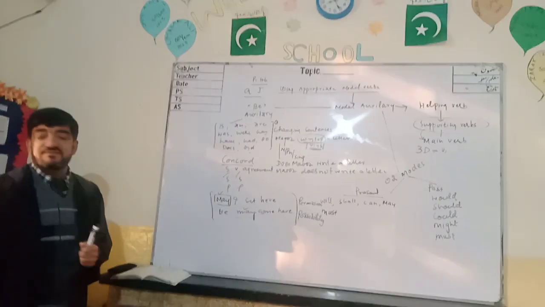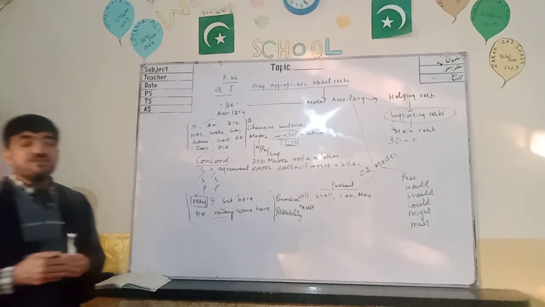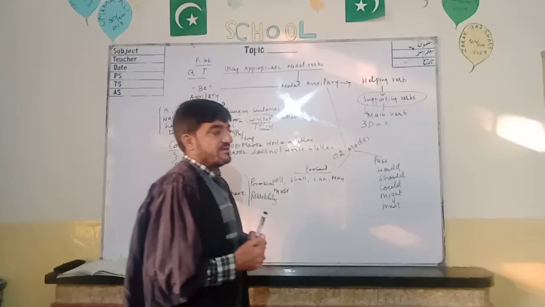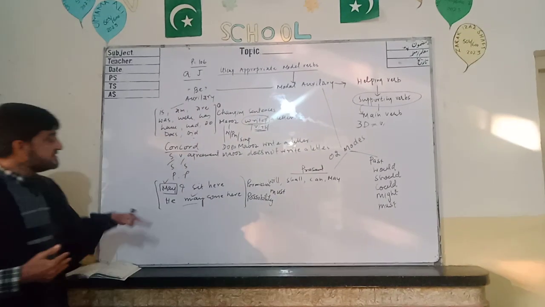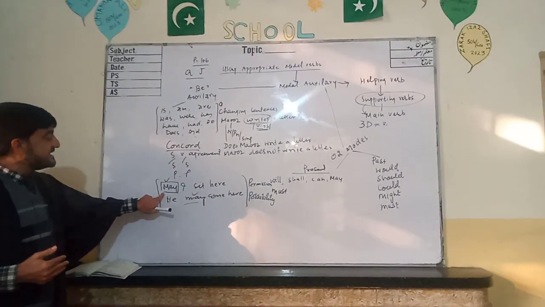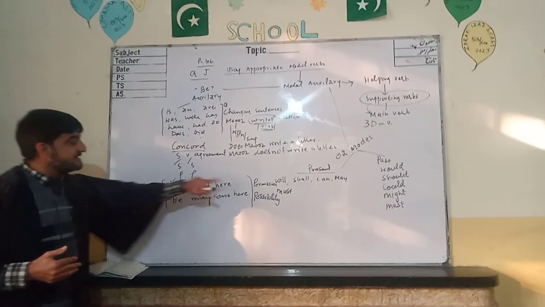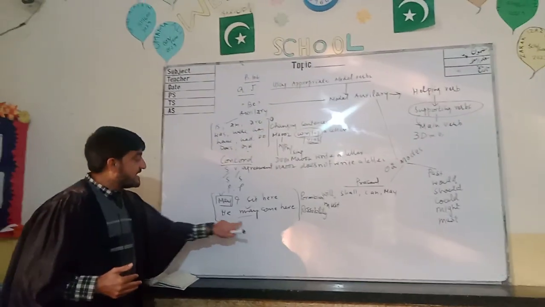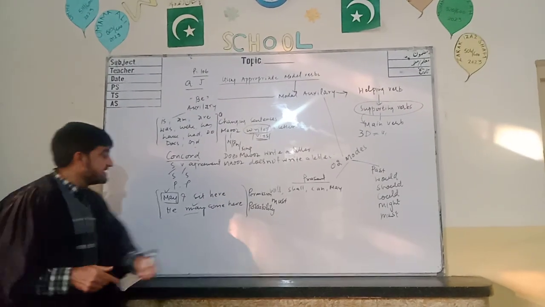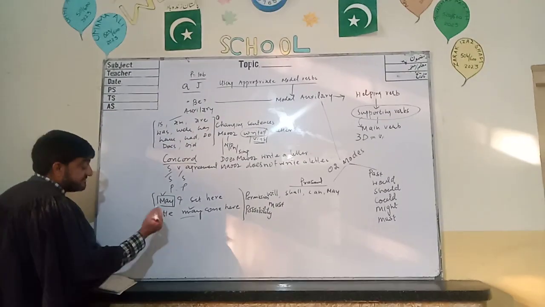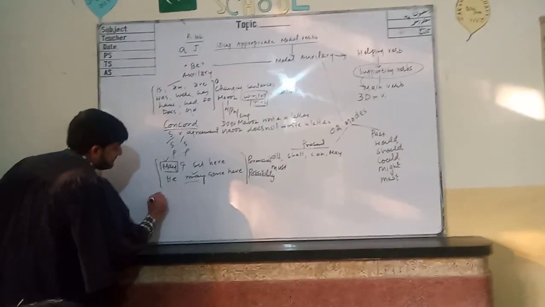And modal auxiliary are called modal because a modal is always open to change. Open to change means in these two sentences you can see that may is used for permission and may is used for possibility.